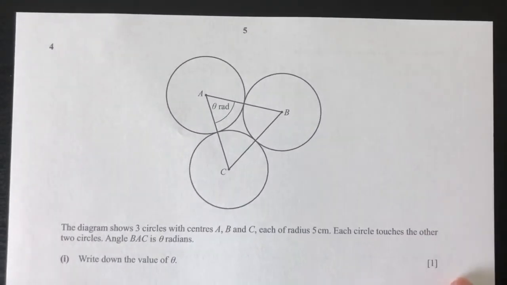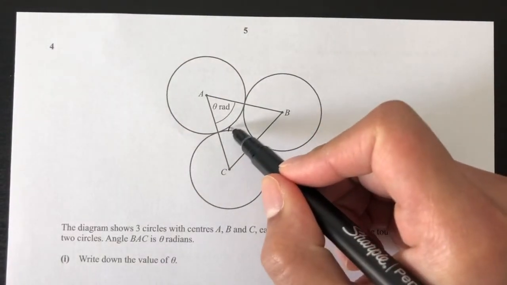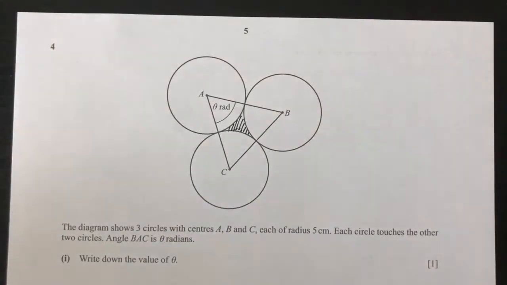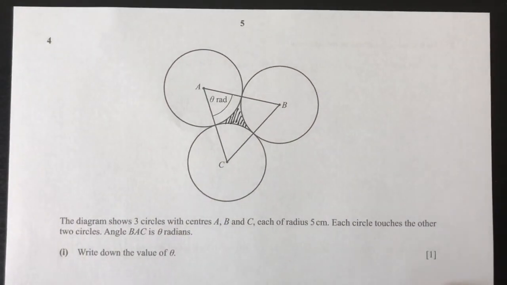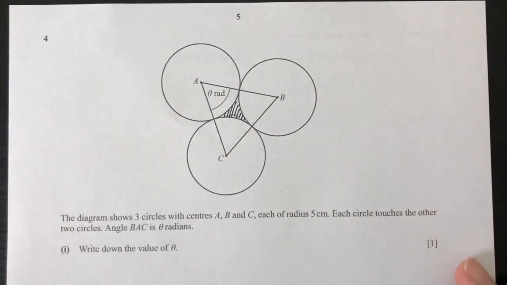Now let's move on to question number 4. I think in the question, this is the region that has been shaded. Let's see what we have. It says the diagram shows 3 circles, centers A, B, and C. So 3 circles are given to you.